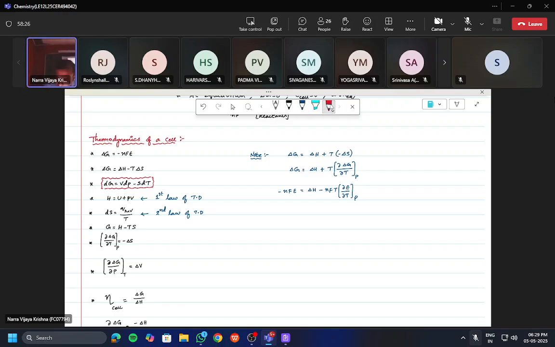This dou E by dou T at constant P, we call this the temperature coefficient of a cell.